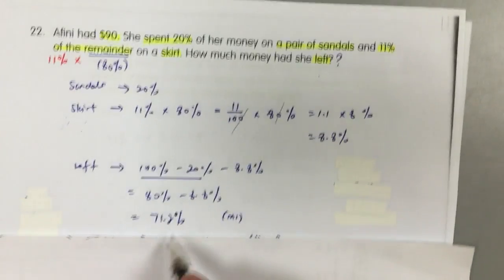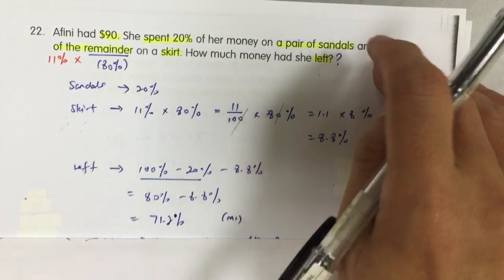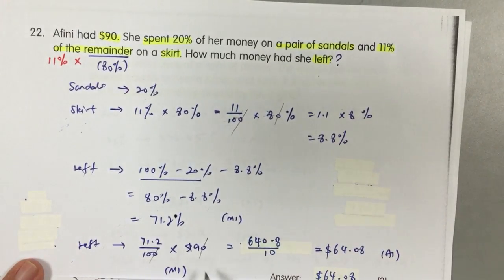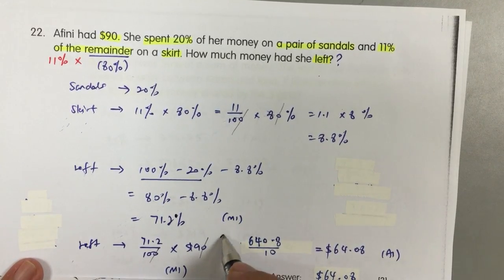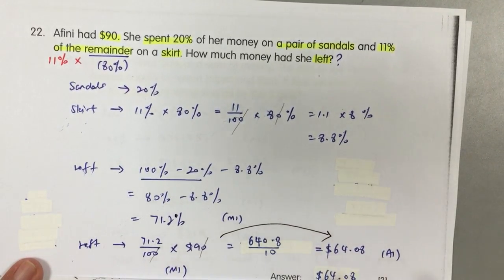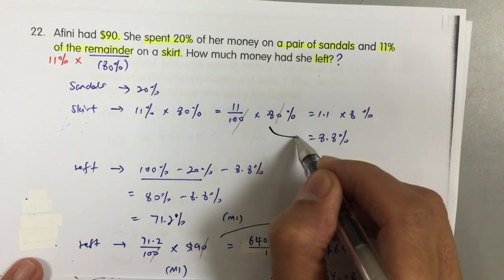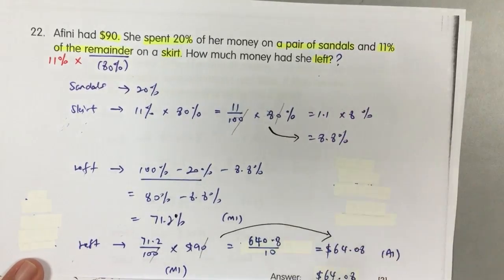How much money? So left will be take 71.2% multiplied by $90. You work this out using your calculator. Straight away, you can skip this step. You can omit.